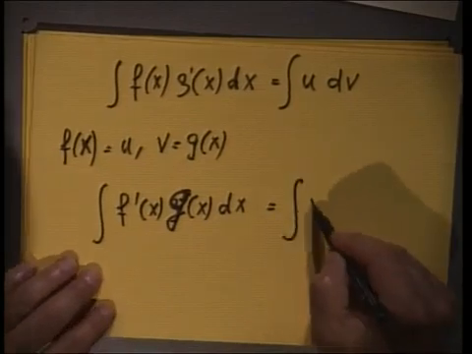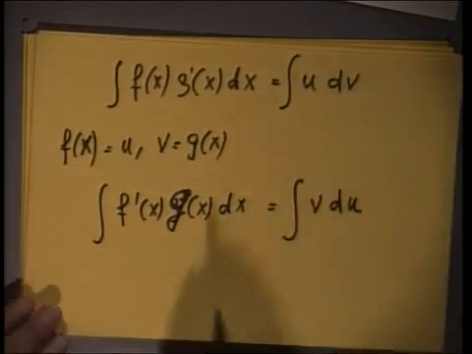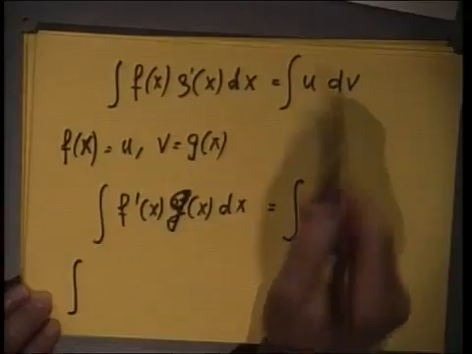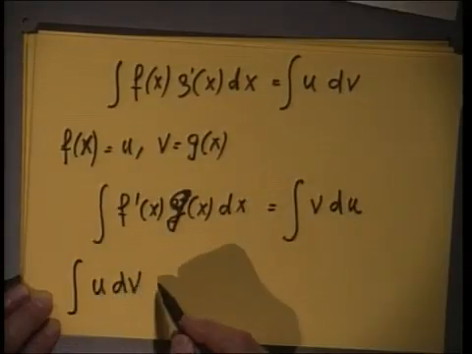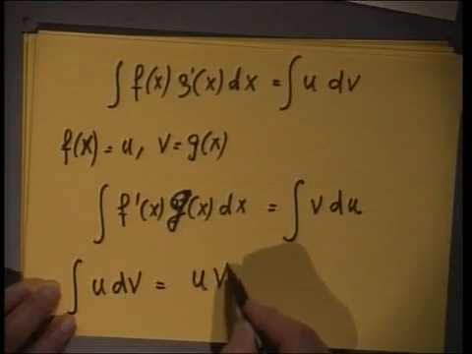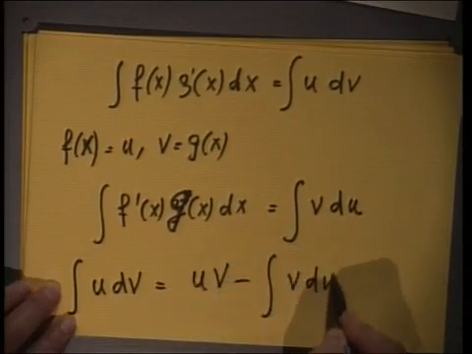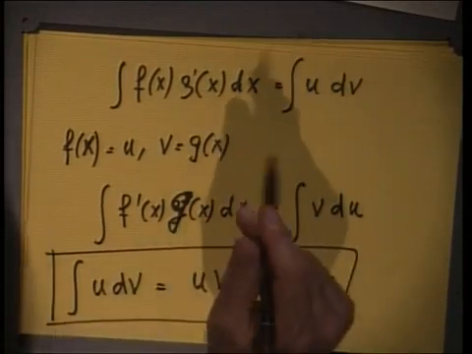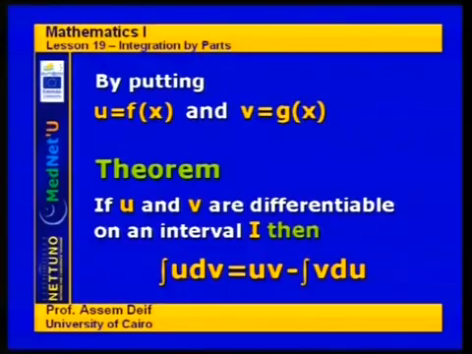So in fact, you now have your formula in an easier form: the integral of u dv is equal to u times v minus the integral of v du. In fact, this is another way of writing your expression. The expression that was on the previous slide, you can put it in this way. Both are exactly similar, except that this is less complicated in a way.